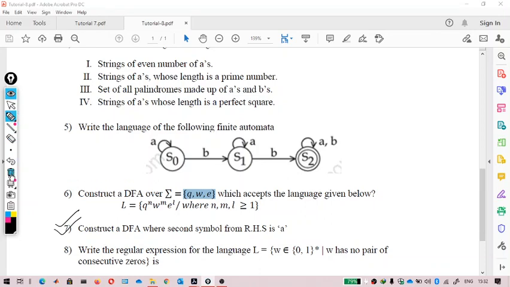Okay, so the final question is: write a regular expression for the language L, where W has no pair of consecutive zeros. It is just asking about the same thing in a different way. W has no pair of consecutive zeros, so no two zeros should come together. I think you know about this expression. We have already done it.